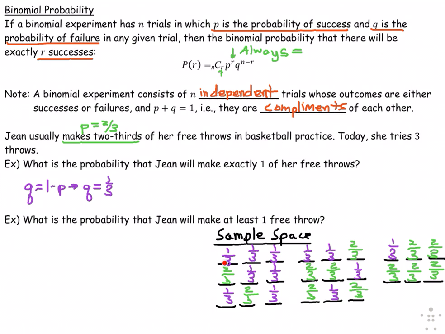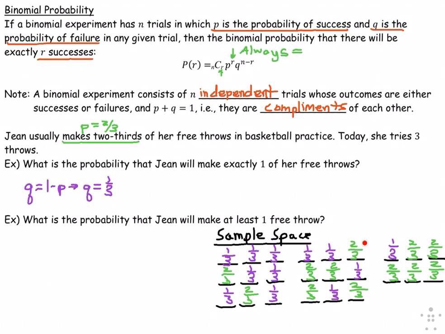So 1/3 times 1/3 times 1/3 represents that Jean makes no free throws because Q for failure will occur 1/3 of the time. So here is the probability that she misses all 3. And then here she makes 1 of the 3, 1 of the 3, 1 of the 3. So that's exactly what we're looking for. And then these other ones are the other possible outcomes that we're not interested in.